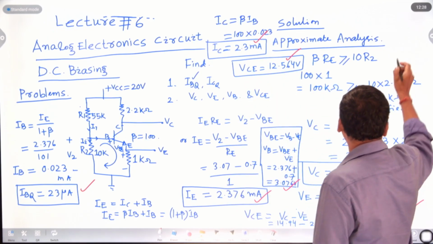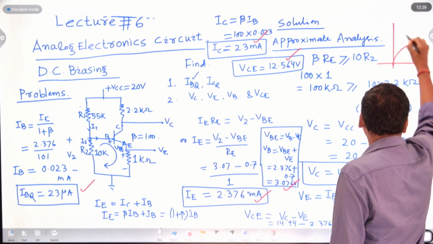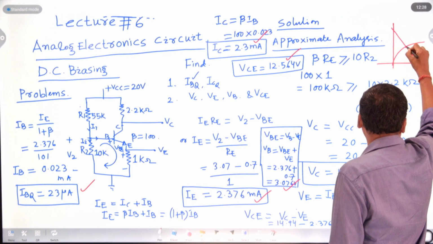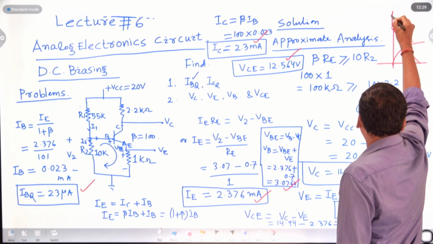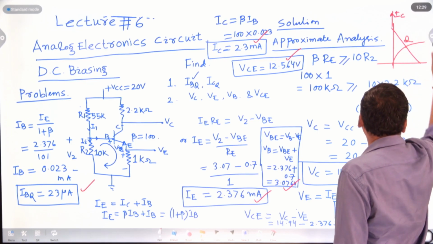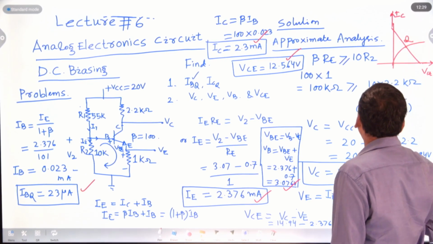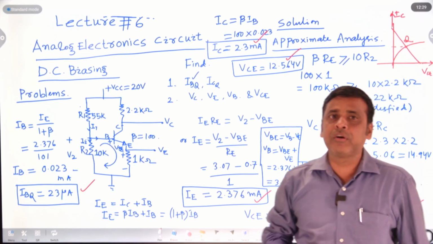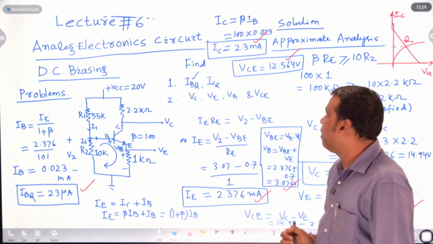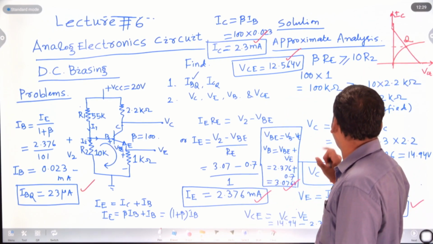So about the Q point, what does it mean? This is your Q point on the load line. This axis is the collector current axis, the IC axis, and the X axis is your VCE. The Q point should lie in the middle of the load line, to stabilize it.